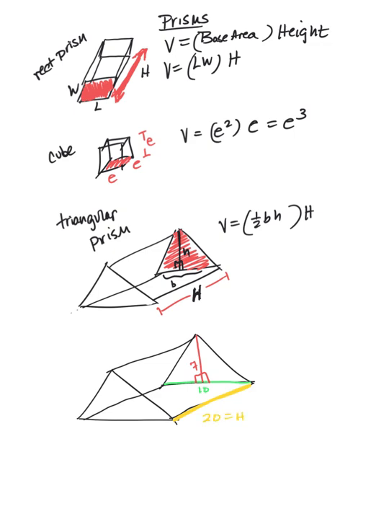So this is capital H, this is lowercase h, this is B. And you just write the formula and you substitute in your information. So volume is 1/2 base times height, 10 times 7, times the height of the prism. So 35 times 20, 700. And volume is cubic units, by the way. Units cubed.